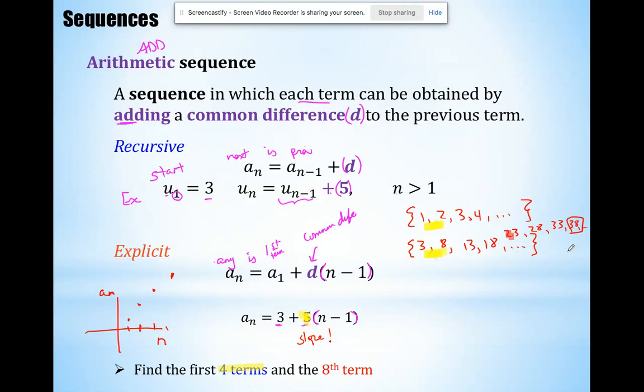There's the 8th term. But I could use the explicit one instead of writing all of that out. The 8th term is 3 plus my slope, my common difference, times n minus 1. Oh my gosh, 35, there's 38. Woot!